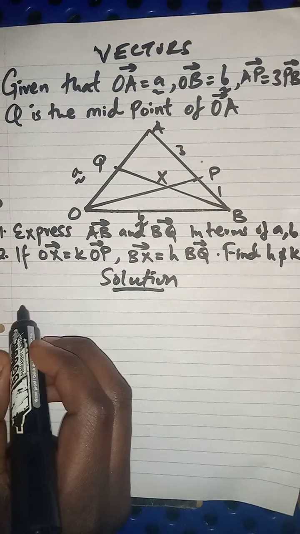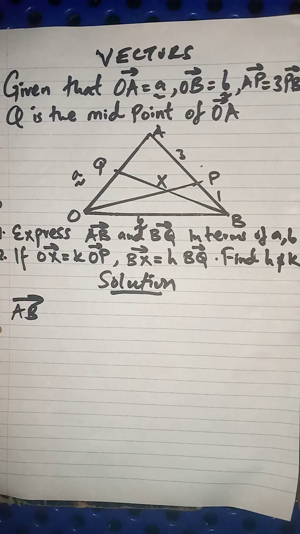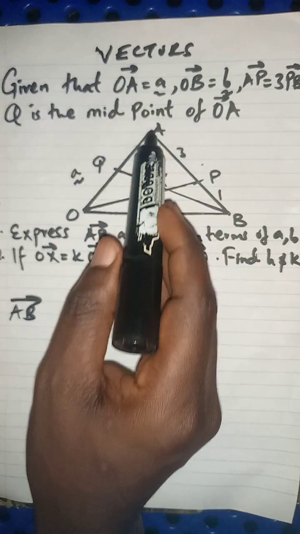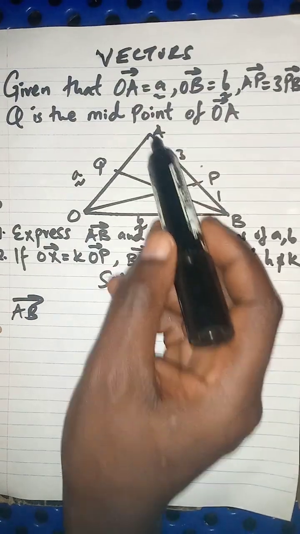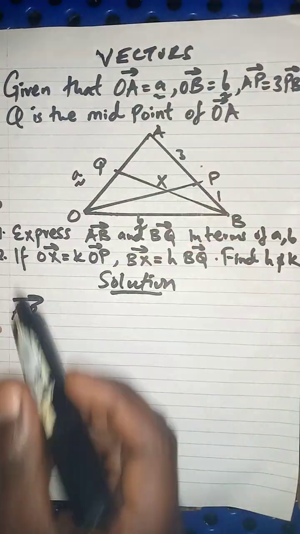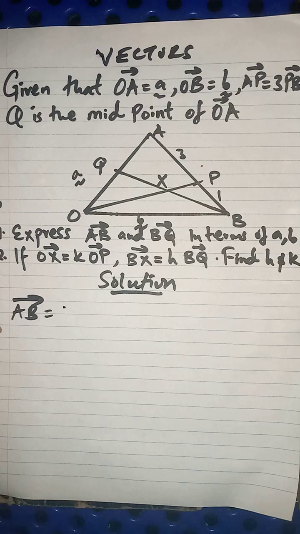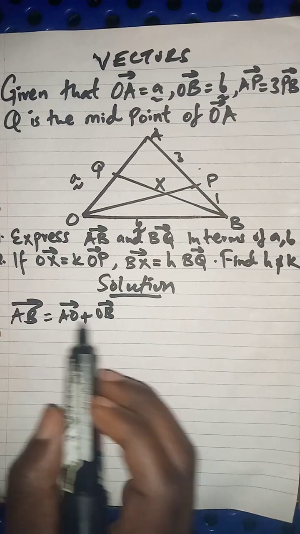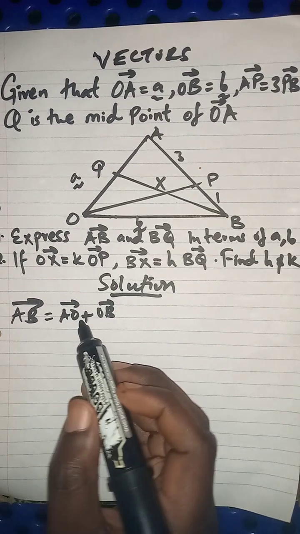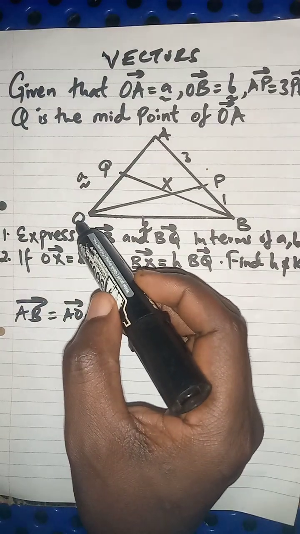So let us start by looking at vector AB. AB, meaning I'm going to move from A to B. The alternative route of moving from A to B, I'm going to come this side. So that means AB, I'm going to get AO plus OB. But if you can remember, I was given OA.